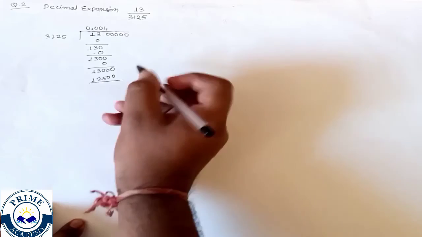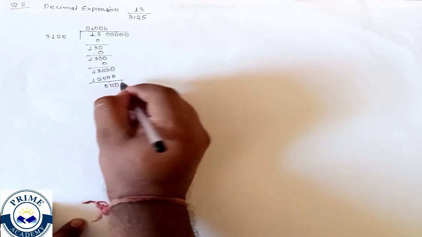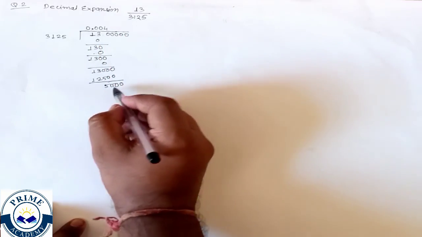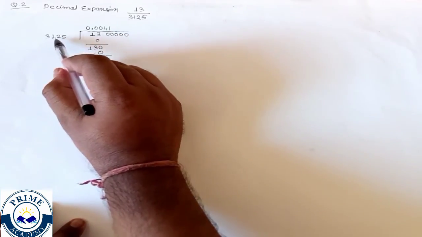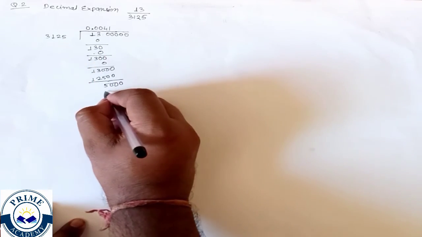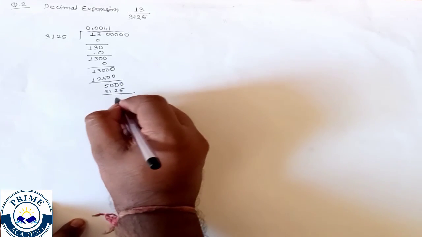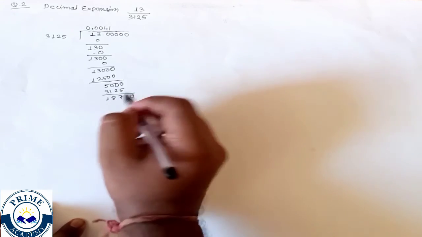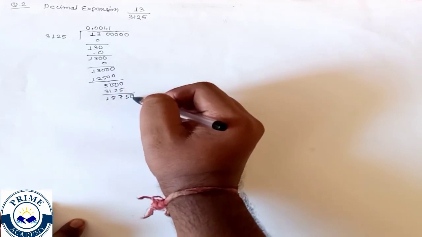This is the bigger one, this is the smaller one, so you can take 1 at least. 3125 multiplied by 1 is 3125. So 5000 remains, and a 0 comes over here.